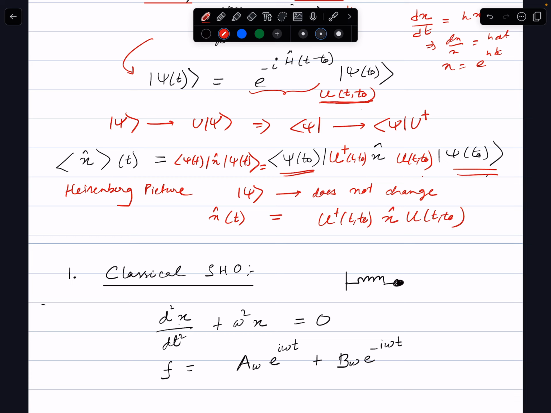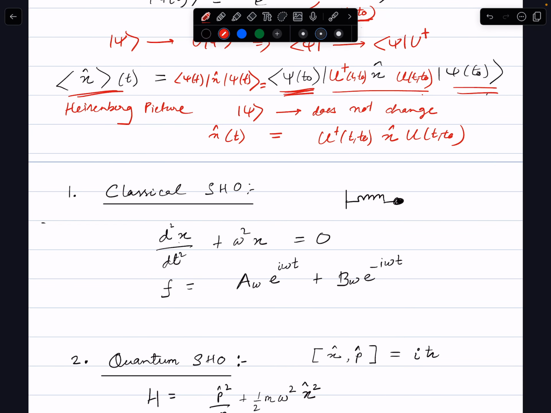So if I define it this way, you see that this has the same time dependence either way, whether I use the Heisenberg picture or the Schrodinger picture. In one case I change psi, and in the other case I keep psi the same and change X. I always end up with the same kind of time dependence. Usually we put H here to denote that we are talking about the Heisenberg operator.